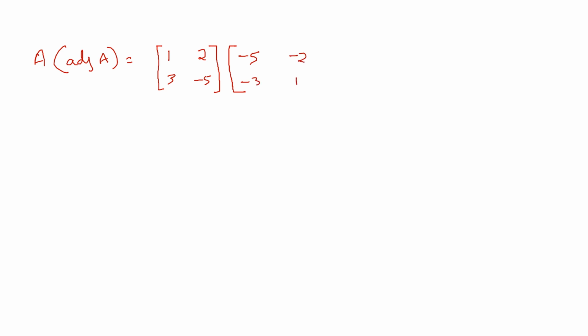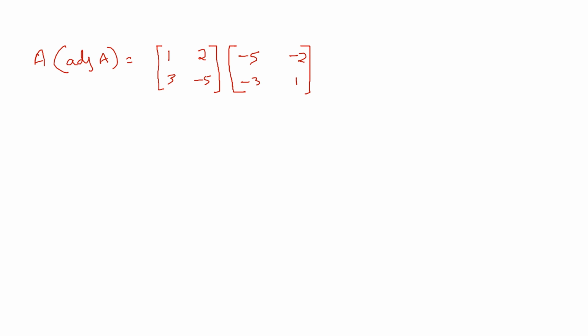So first let us find A into adjoint of A. A is the given matrix, [1, 2; 3, minus 5], into the adjoint we just found, [minus 5, minus 3; minus 2, 1].